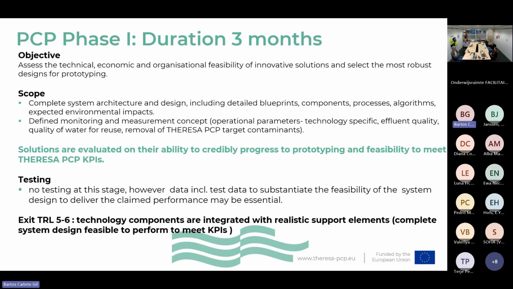What we will expect here is a complete system architecture and its design, including any documentation like blueprints, presenting the components, the processes, the algorithms, expected environmental impacts of the system. It will be also important to have a defined monitoring and measurement concept presented, including the operational parameters, which of course will be technology specific depending on what kinds of unit processes you are going to involve in the system.